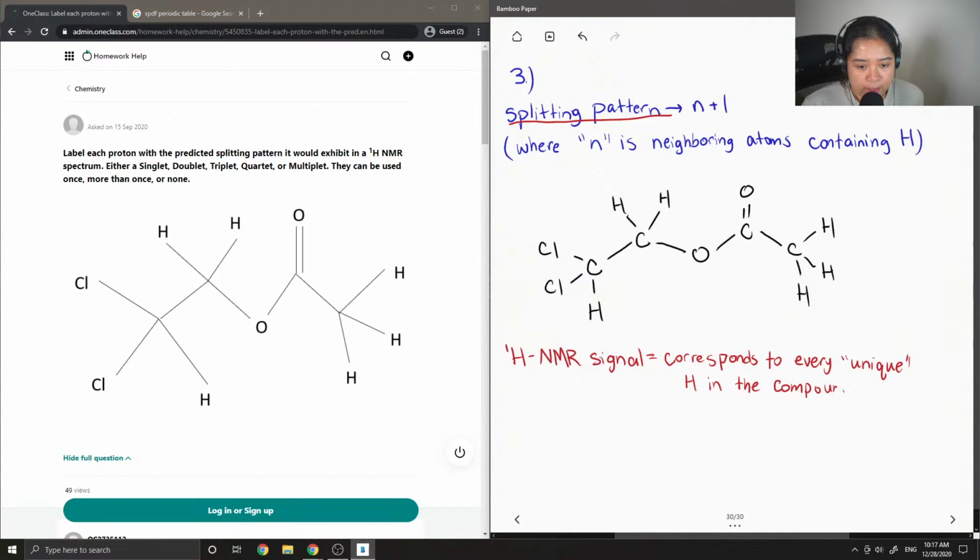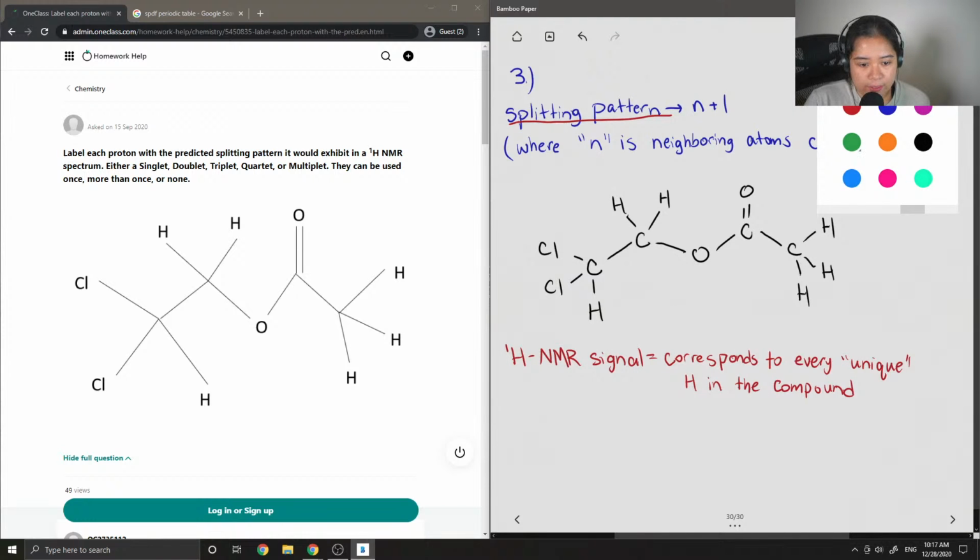So that means that every signal corresponds to a hydrogen, and each signal will also split a certain way using our splitting pattern, which is n+1. So let's start off with the hydrogens here.